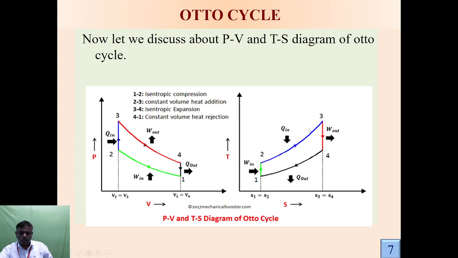In process 2 to 3, heat input, so the temperature increases from point 2 to point 3. And 3 to 4 is an isentropic expansion process. So here the entropy is constant, S3 equal to S4, and the work output is obtained. And 4 to 1 is a constant volume heat rejection process.